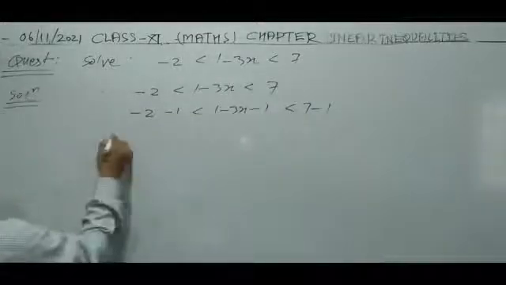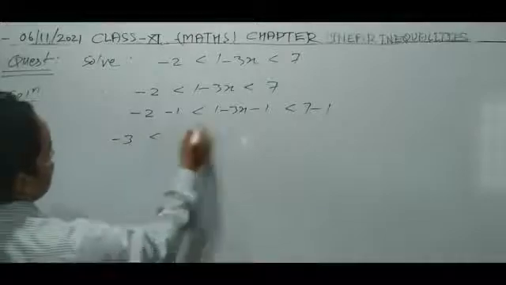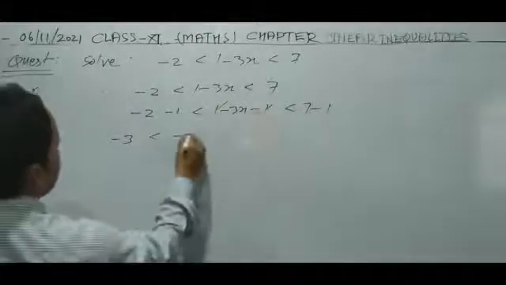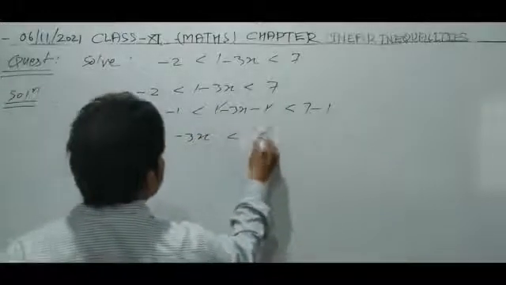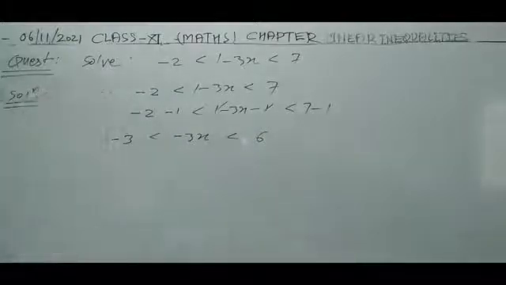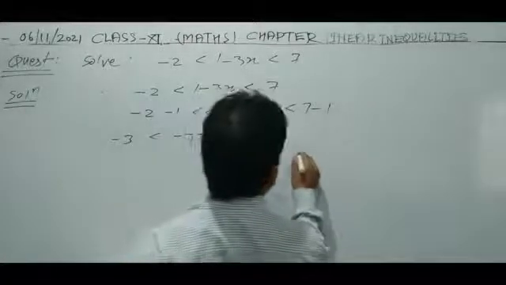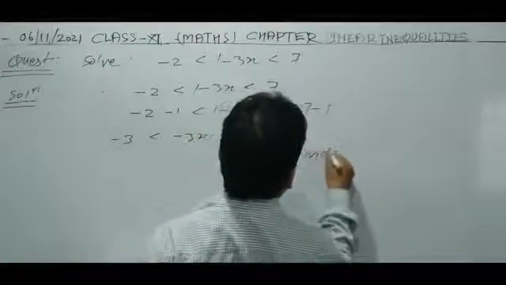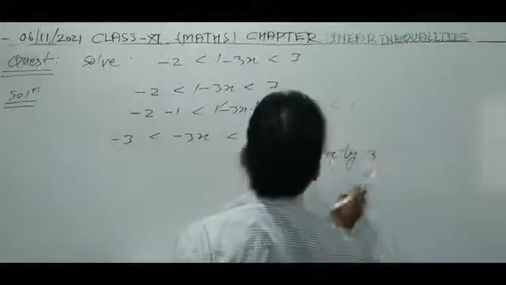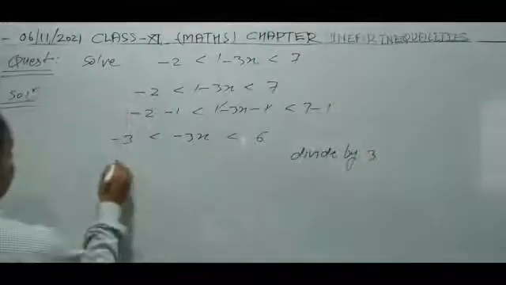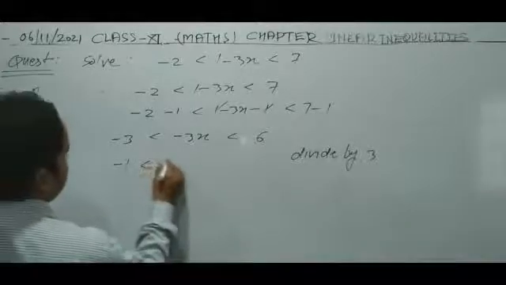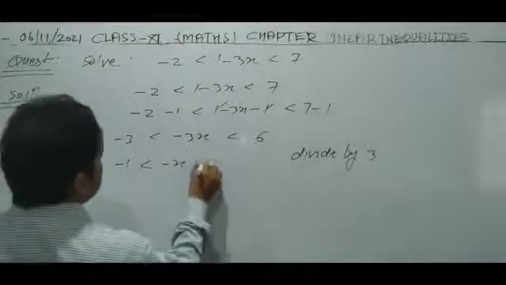Now the result will be minus 3 is less than minus 3x is less than 6, since the 1 and minus 1 cancel out. Now divide by 3. The result will be minus 1 is less than minus x is less than 2.